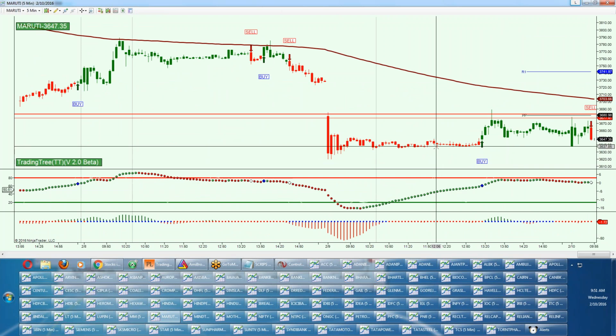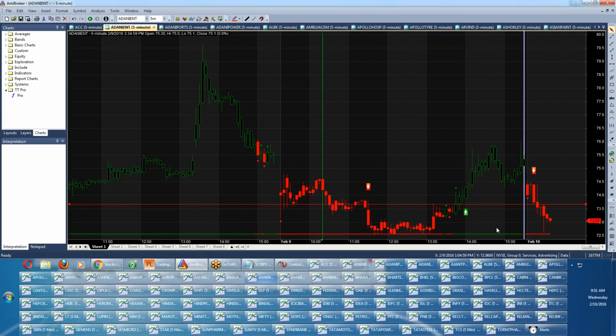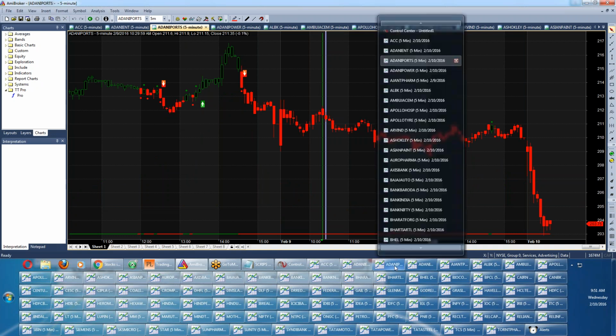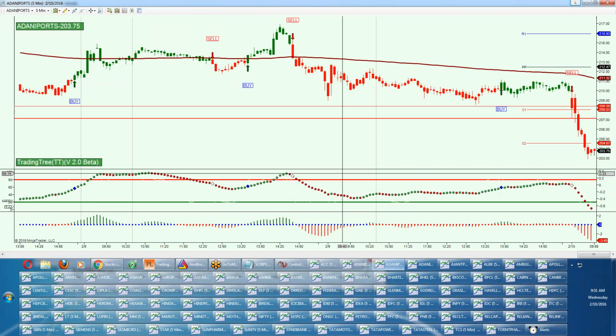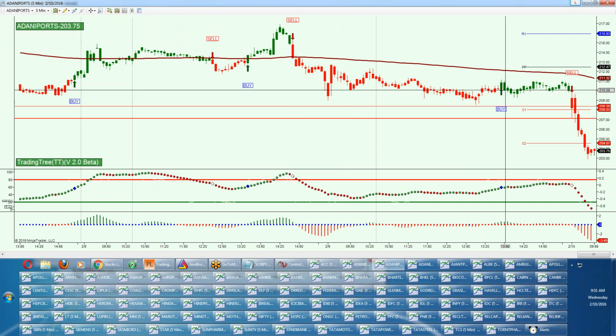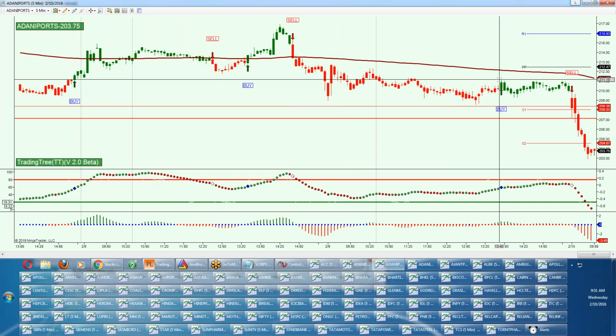Maruti, you can short it at this point, 3637. You can just compare this. So we have this Adani Ports, a single sell call here, and then we had this buy which did not get triggered because we placed this trade close to the recent high.